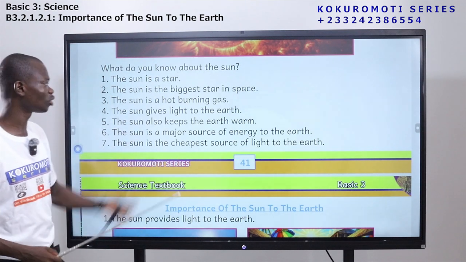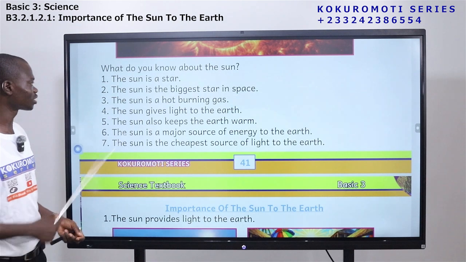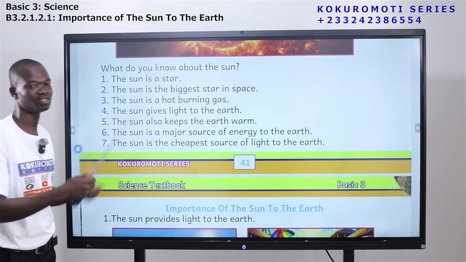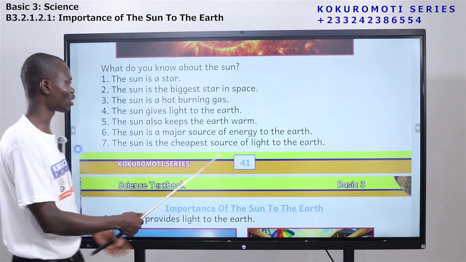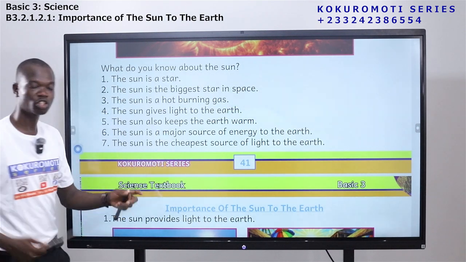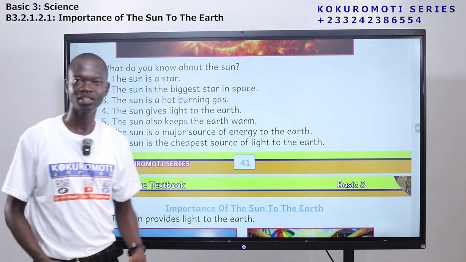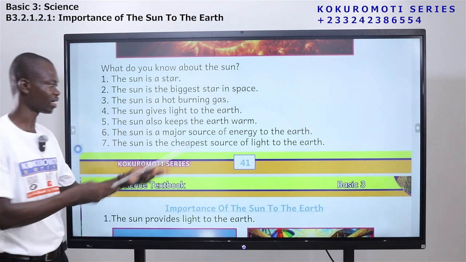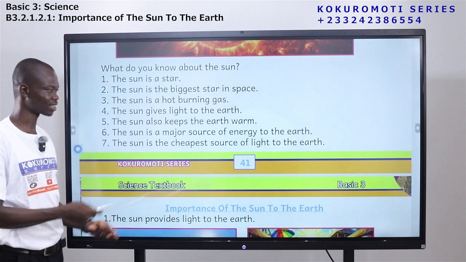The sun is like a hot burning what? Gas. The sun gives light to the earth, and also the sun keeps the earth what? Warm. The sun is a major source of what? Energy, and the sun also comes at no cost. The cheapest source of energy is the sun.